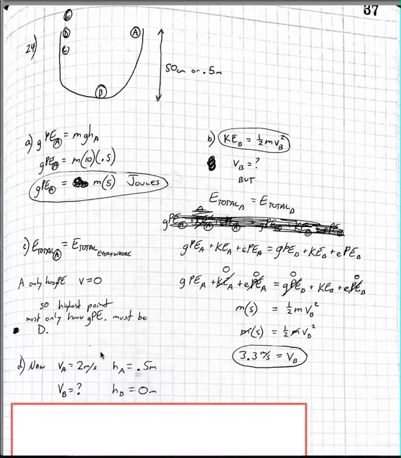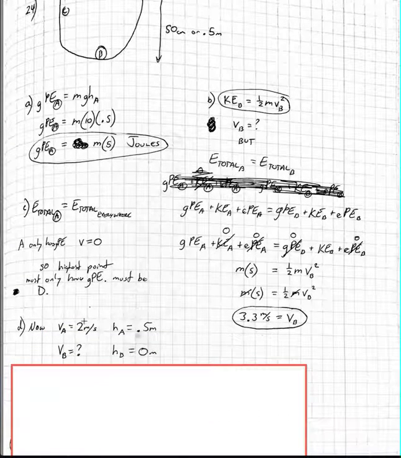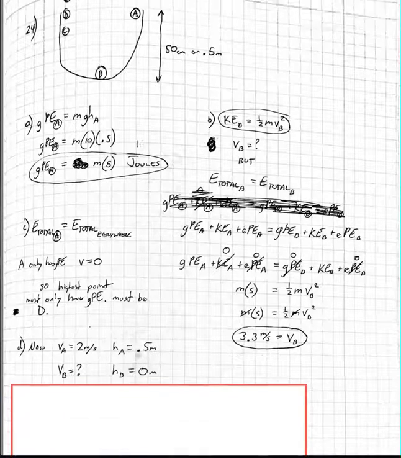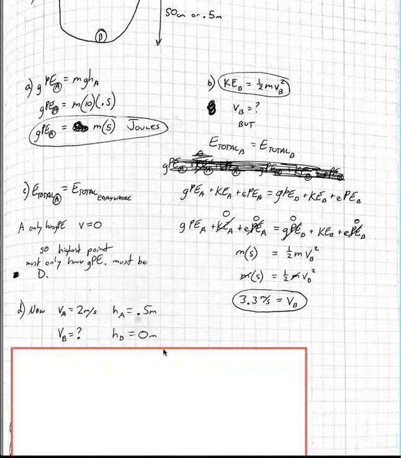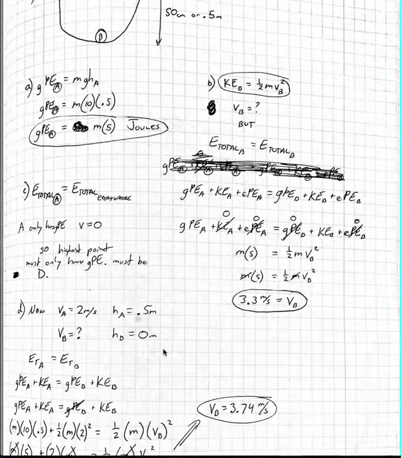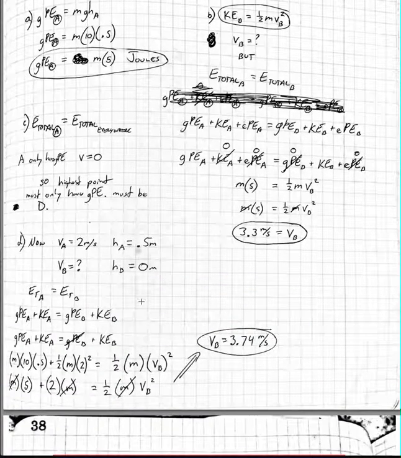Now, the next question says, what if it was moving at A? So now, not all of the energy at A is gravitational. Some of it is kinetic energy, which means you have more total energy than you would before. And so you could get higher on the other side. What would your velocity be at B? Sorry.